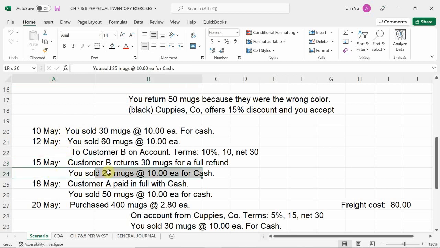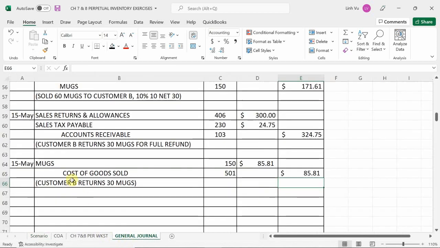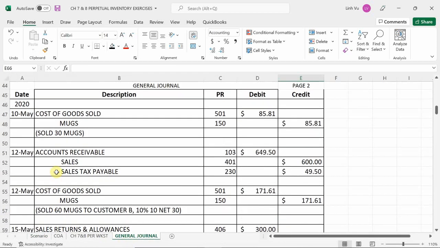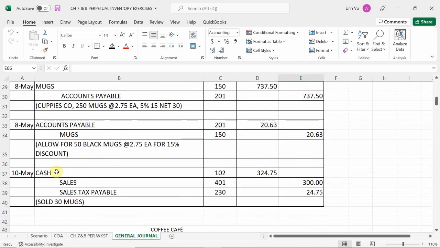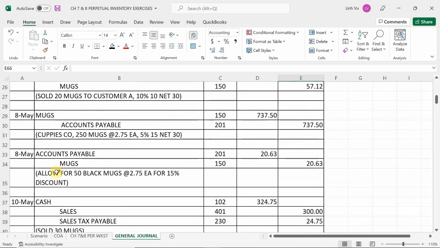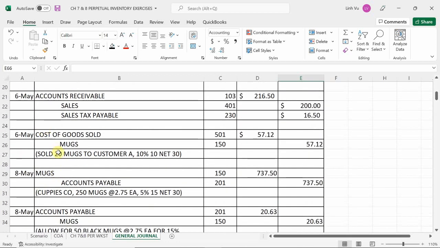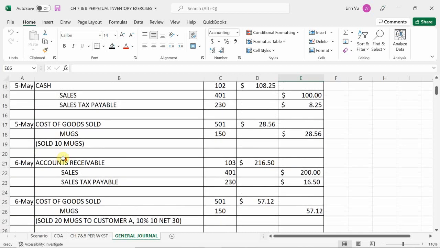That very same day, we end up selling 25 mugs for $10 each for cash. So this is a cash sale. Straightforward, what I'm going to do here is copy a journal entry that we've already done before.